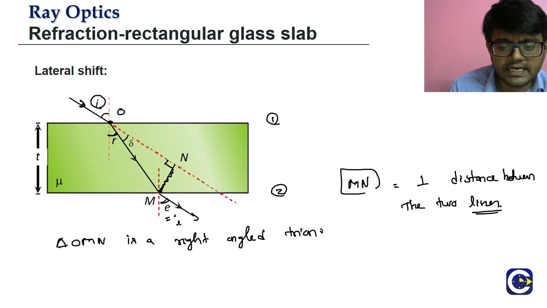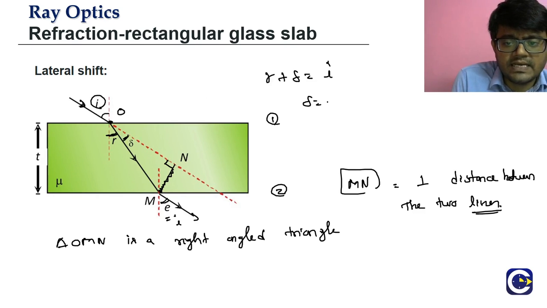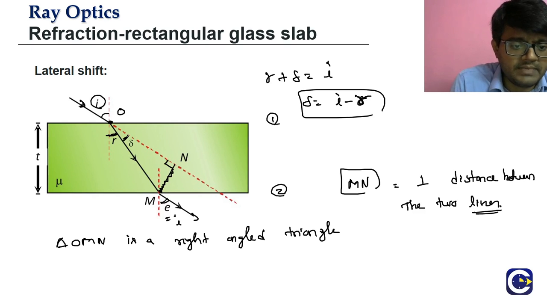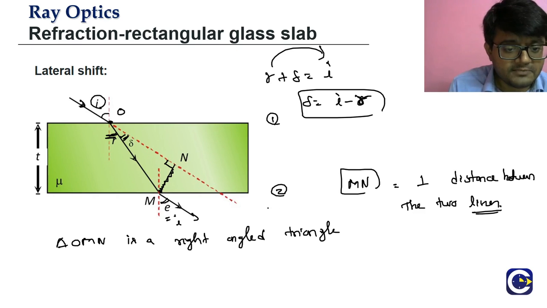Looking at the angles, R plus delta will be equal to I, which means delta will be equal to I minus R. So the angle delta inside triangle OMN is I minus R.